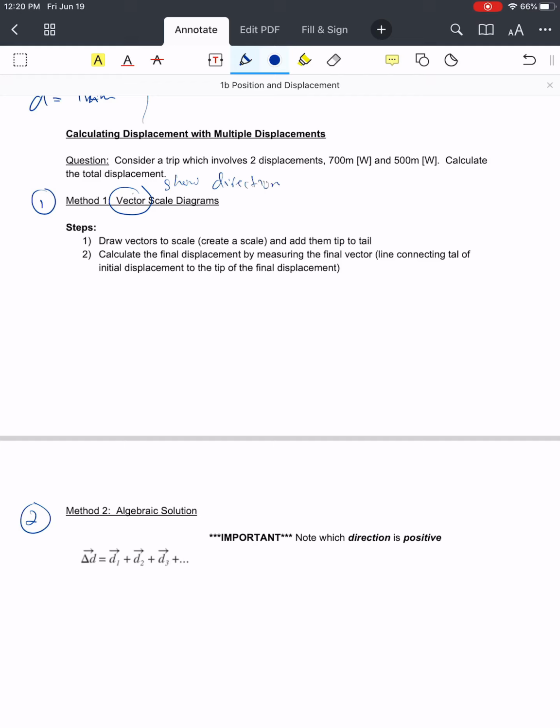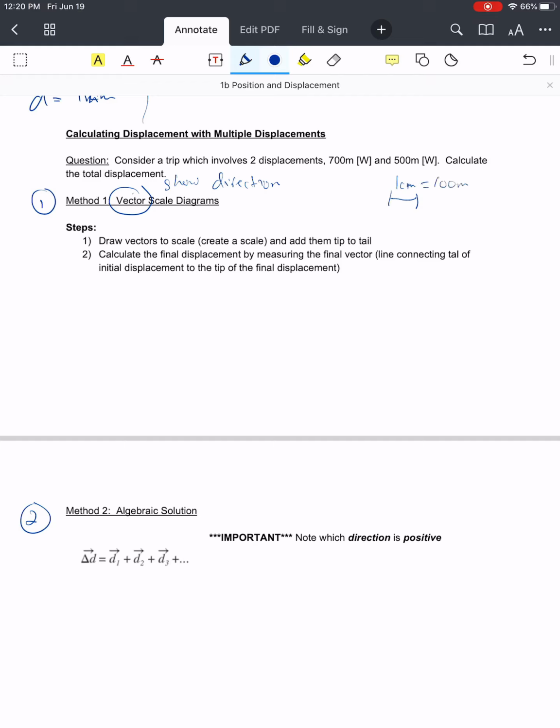So number 1, draw vectors to scale. The first thing you have to do is create a scale and add them tip to tail. What does that mean? Well, first off, let me create a scale. I'm going to say 1 centimeter is 100 meters.